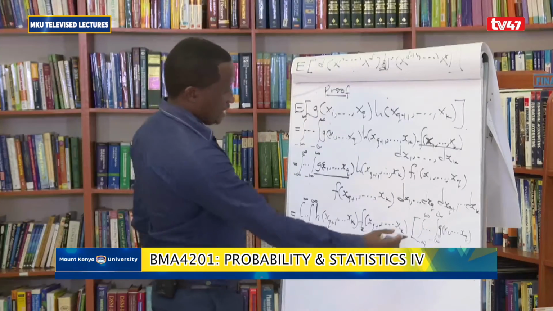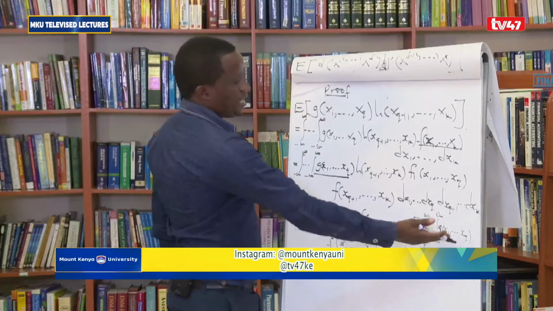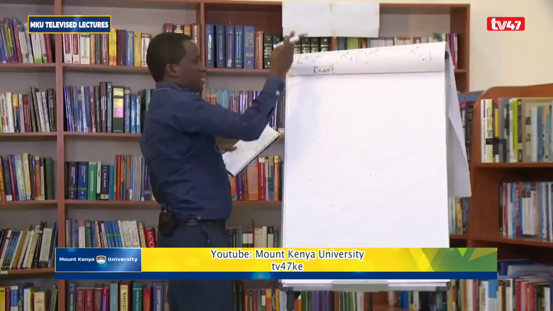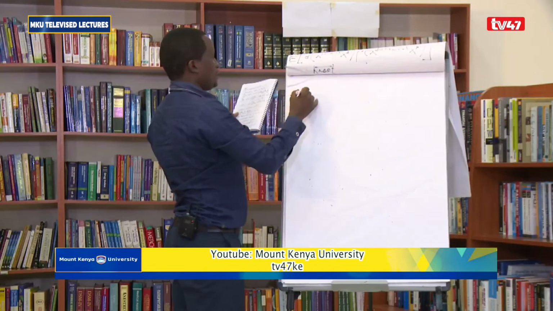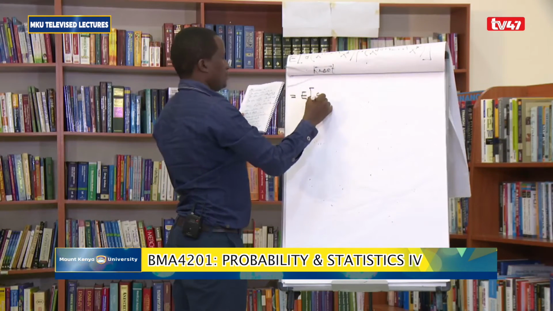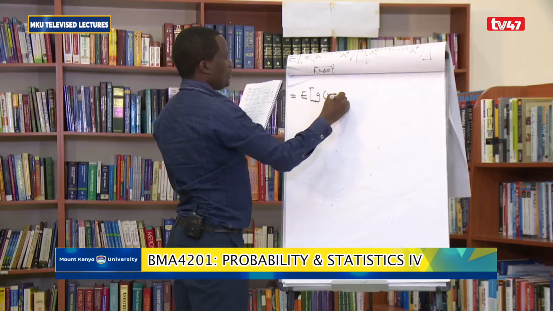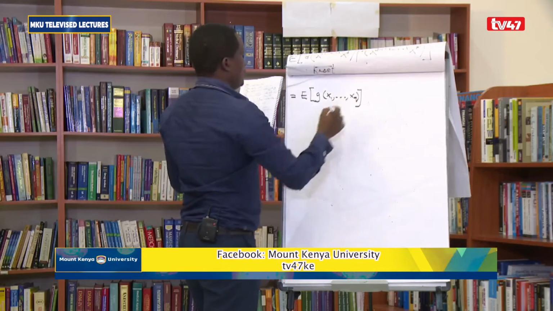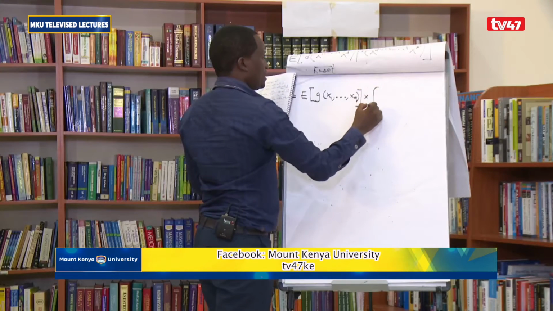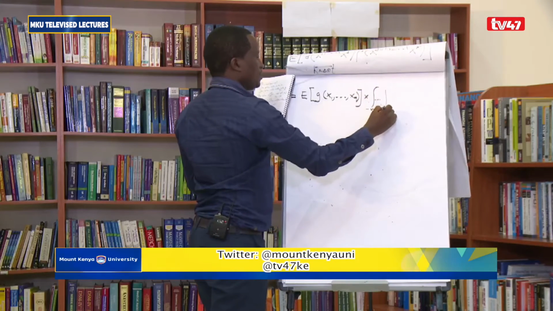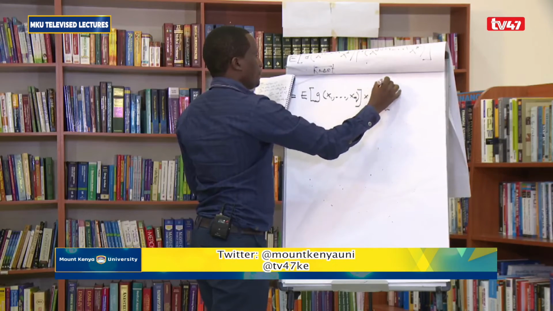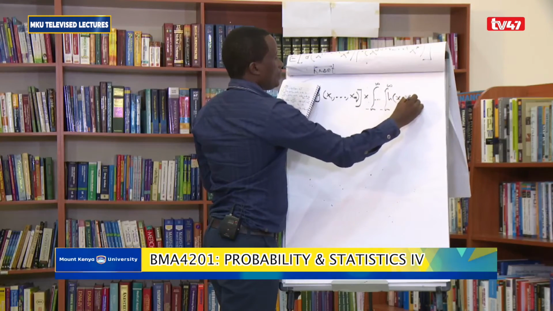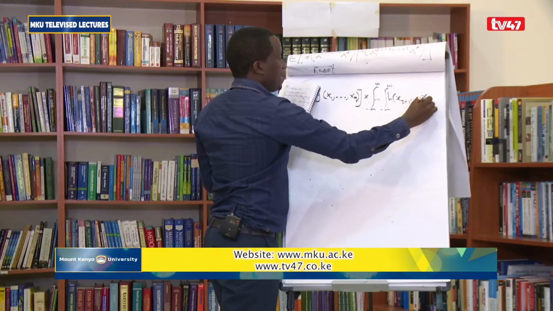So whatever is in the square brackets is actually the expected of g of x, and therefore this is equivalent to expected of g of x1 all the way to xq, then times the other part now, negative infinity all the way to infinity of h xq plus 1 all the way to xk.